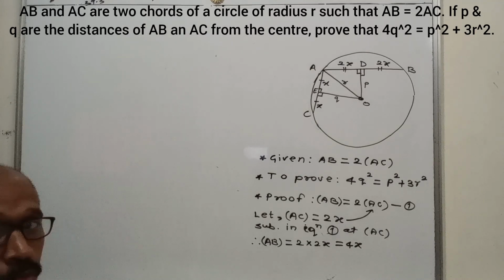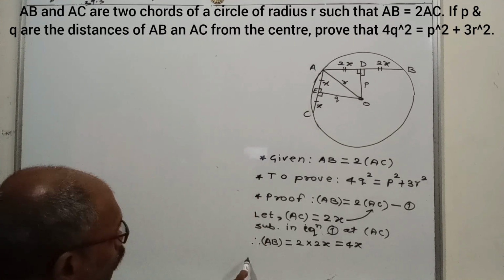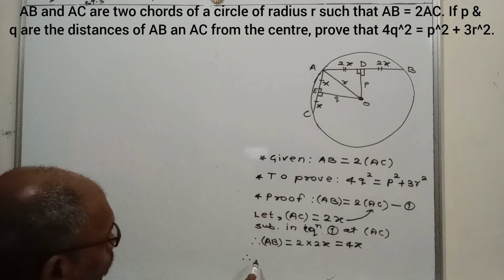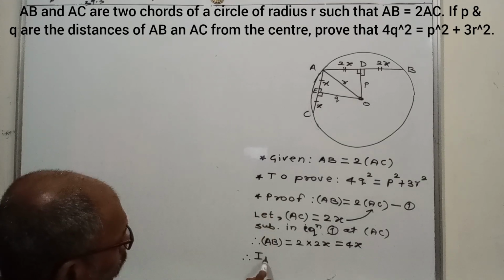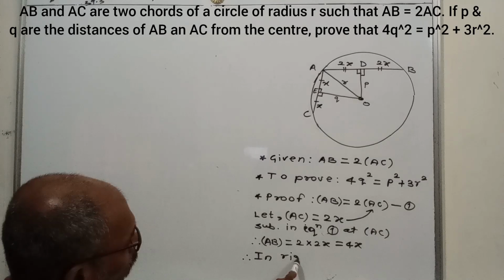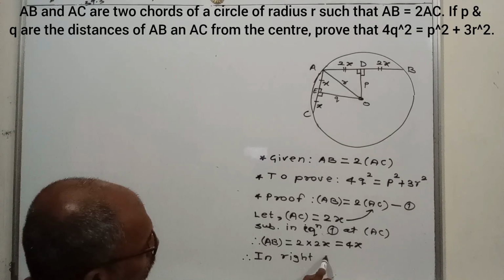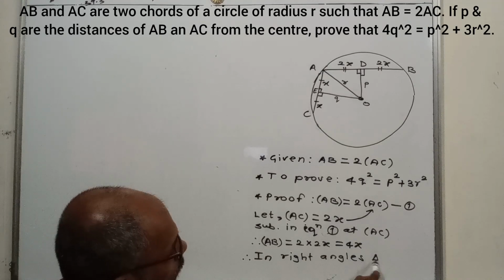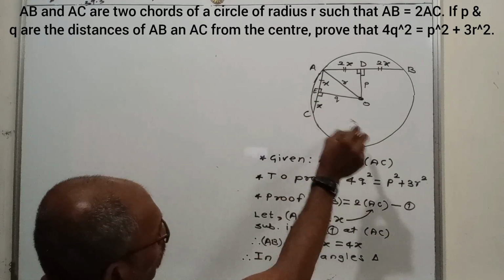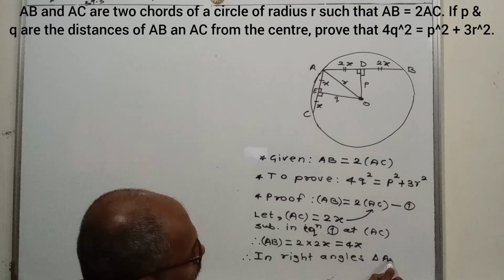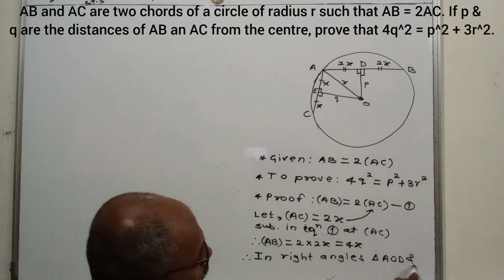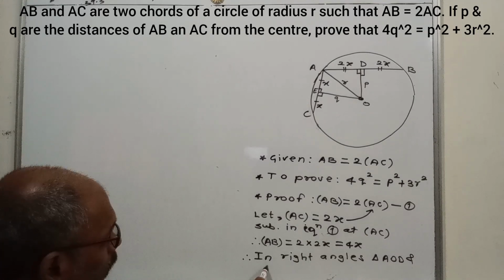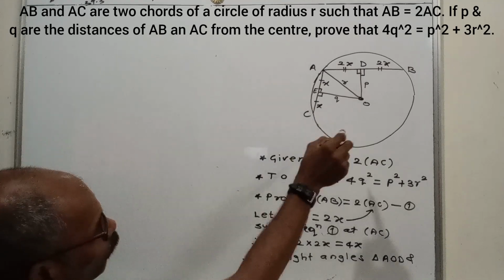Okay. Now we take two right angle triangles, AOD and AOE.